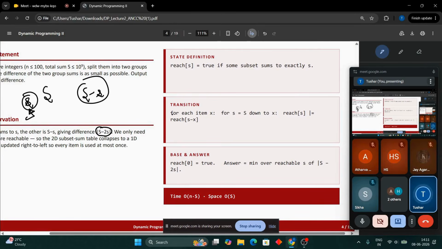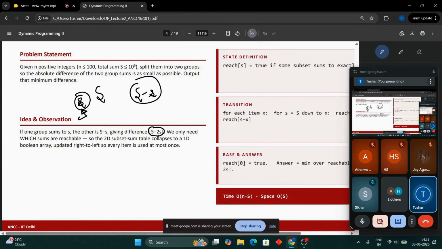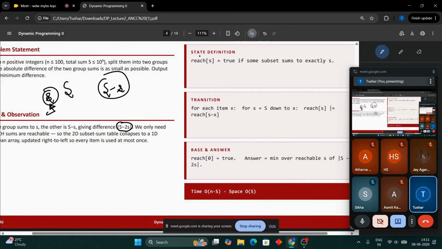Suppose we have n numbers and we have processed the first i numbers. We maintain this array reachable[s], which is true if and only if there exists some subset of the first i numbers that sums to j.